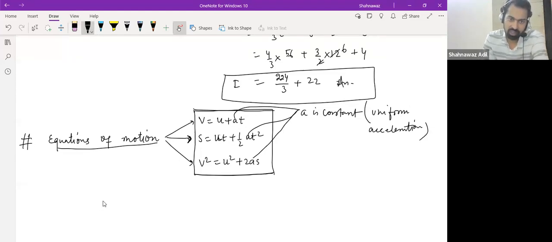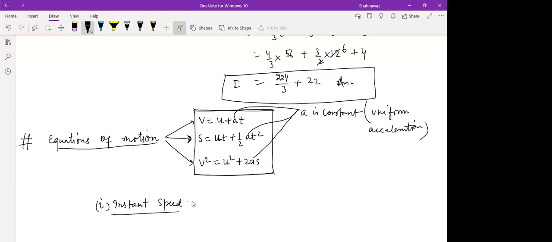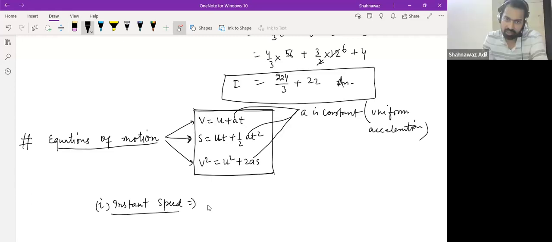Now, what do we know about the instantaneous speed? What is instantaneous speed? The speed at a particular point. And this is how much, with respect to displacement? So, dx by dt.